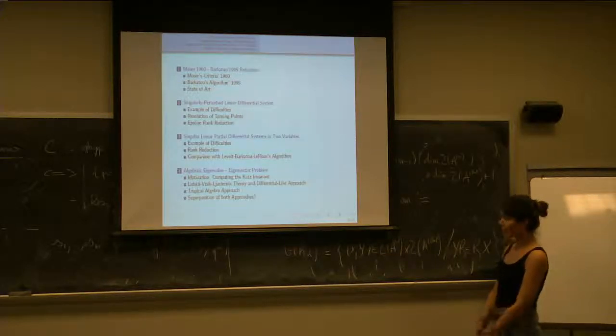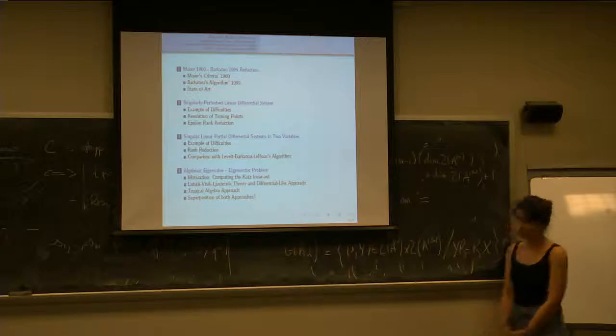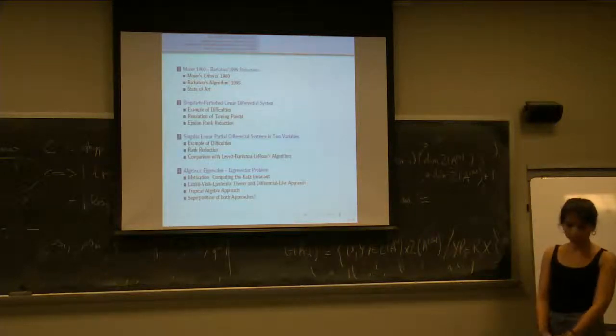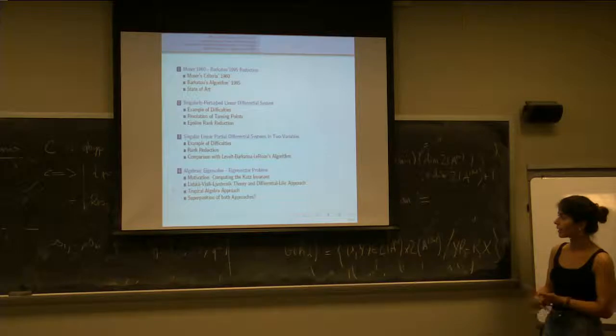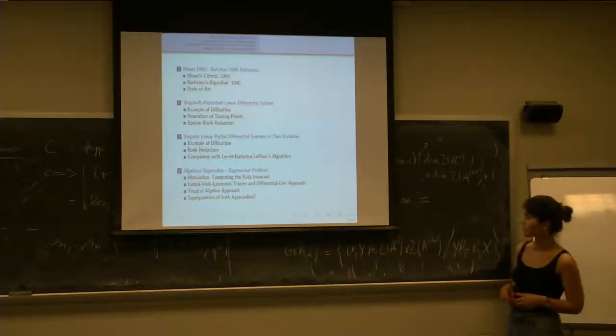Now, if I have time, I will talk about how this algorithm can be used as well in the algebraic case, in particular in the algebraic eigenvalue-eigenvector problem, which I'm interested in as well because it is important to compute the Katz invariant.